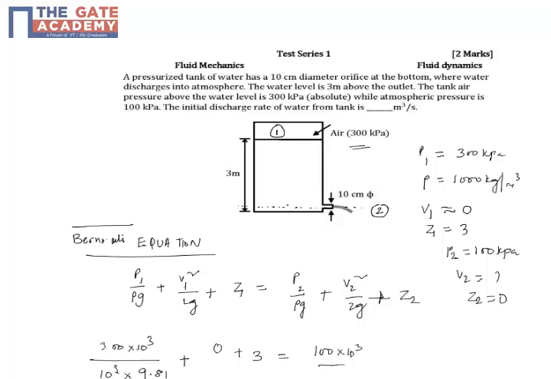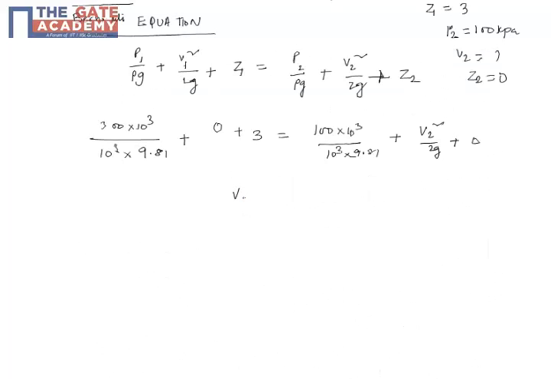So this problem is a straight application of Bernoulli principle. Plus V2 is what I need to find out, that is the only unknown in this equation. And Z2 is 0. So if I calculate V2 from this, I get 21.42 meters per second. You have to use your calculator.